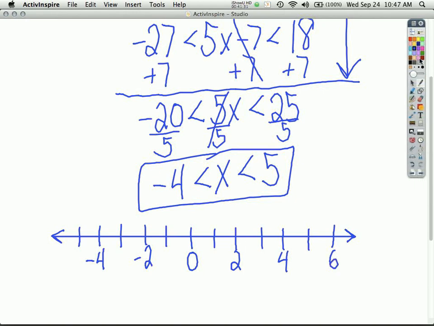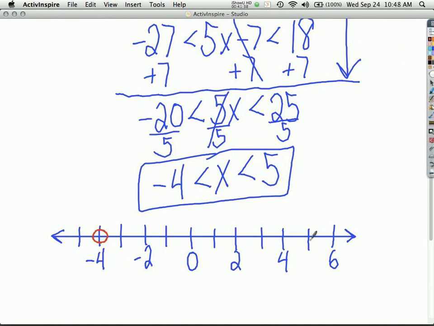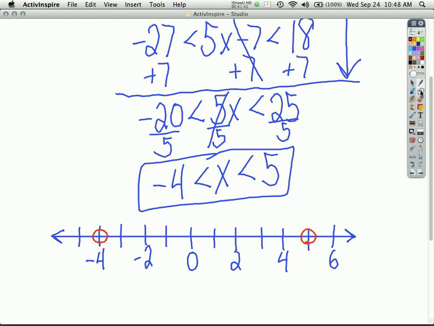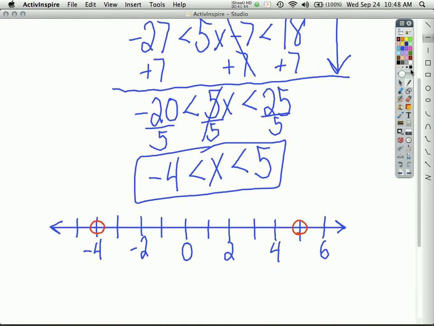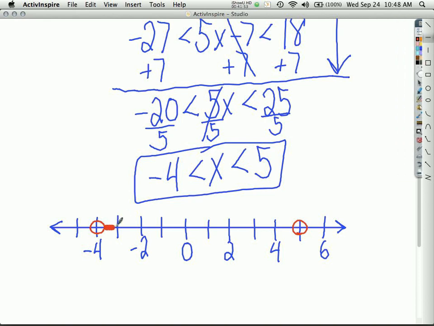And so now we need to graph. We'll put a circle on the negative 4, and it's going to remain open. A circle on the 5, that's going to remain open. But where do we shade? Do we shade in between, or do we shade opposite ends? In between or opposite ends, Laurel? In between? Yeah, the x is in between, so we shade in between. Very nicely done.